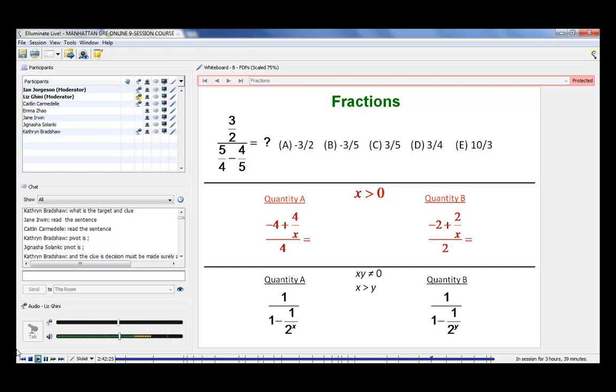I will put up the fraction math. 3 over 2 is easy. 5/4 minus 4/5 becomes 25 over 20 minus 16 over 20, which is 9 over 20. And I'll put in a little line so everybody can see what I did.